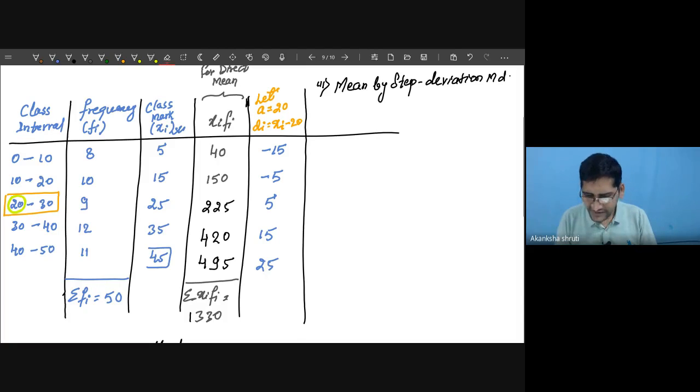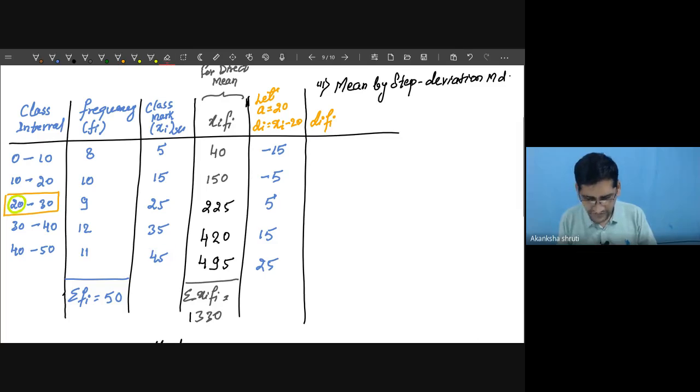In this case, the di we have calculated, student, there is no need to add di. Di is not giving anything. Di is now the representative for the class interval in the assumed mean method. So I need to go for di fi. Okay, student? What is our di fi?